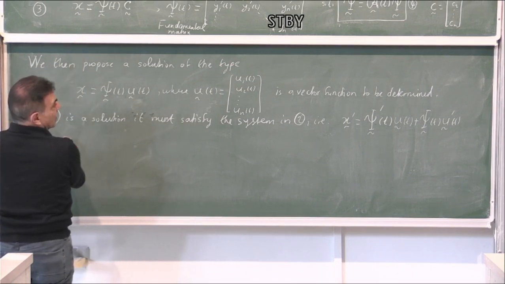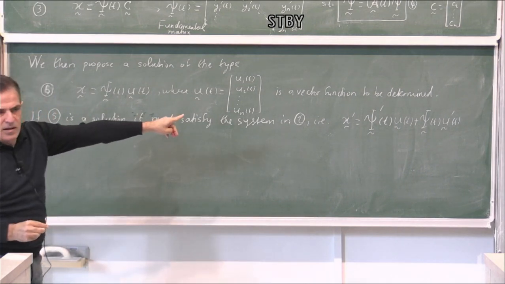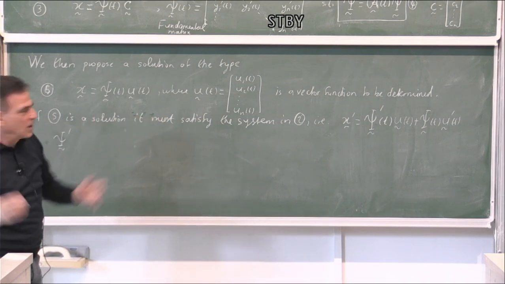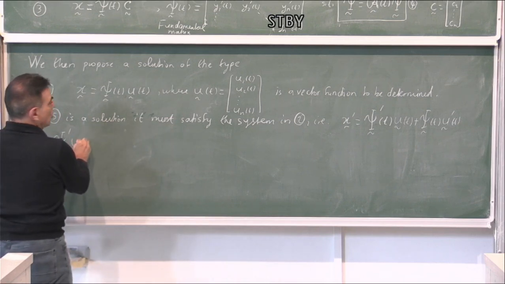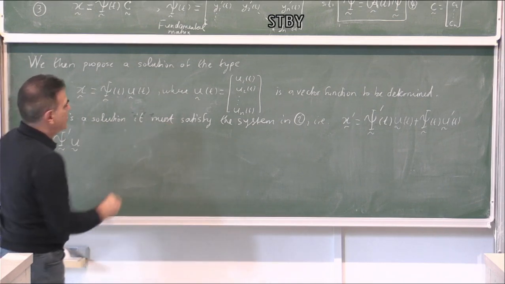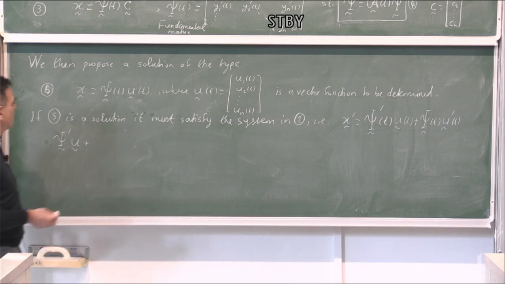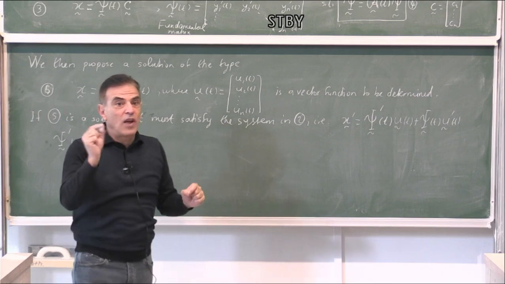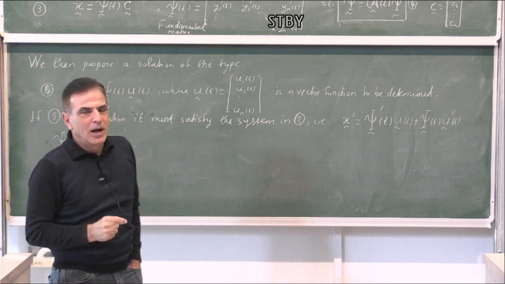So the derivative is psi prime u. I'm not going to write the variable t for symbol economy, but be careful, these are functions of t. Psi prime u plus psi u prime. Recall that the wavy line under the symbol implies that the corresponding quantity is either a vector or a matrix quantity, like the bold-face type letters in your textbook.